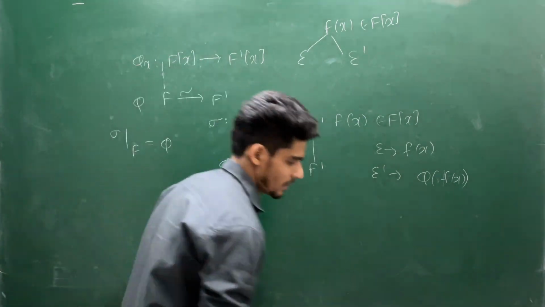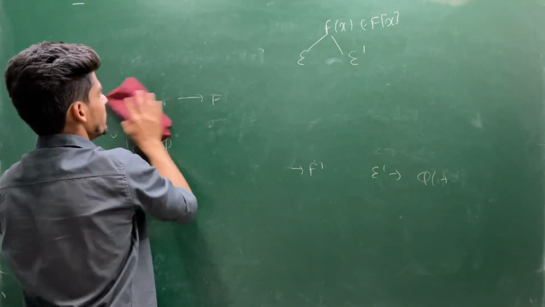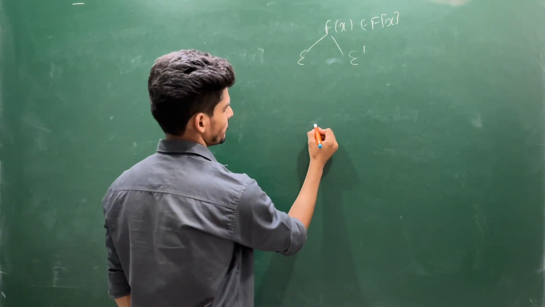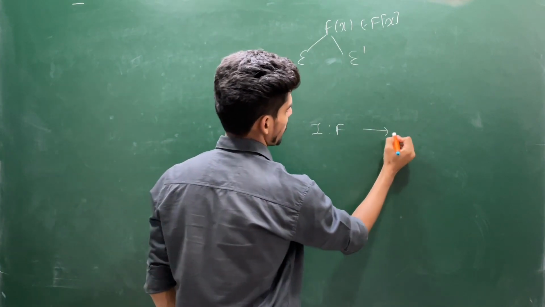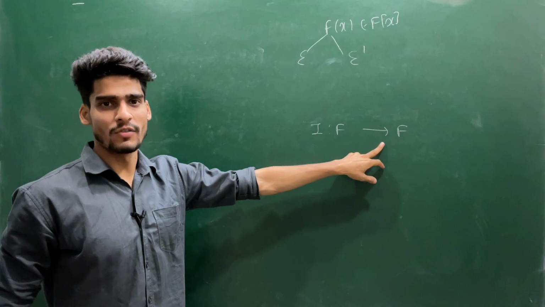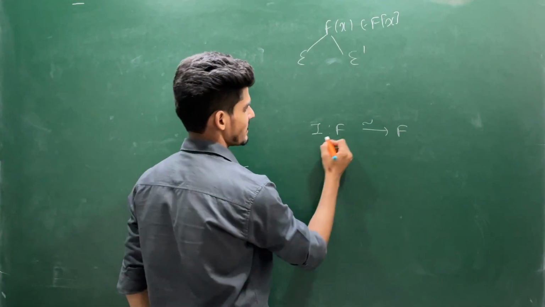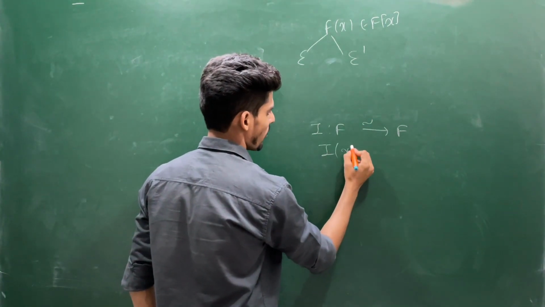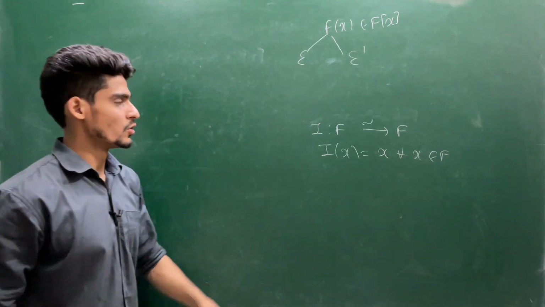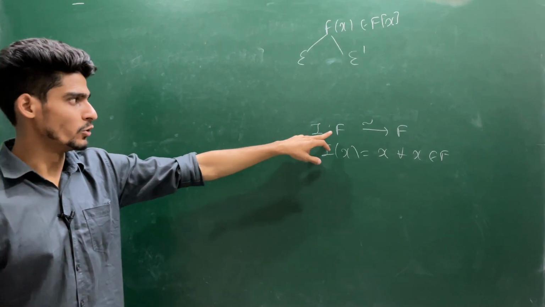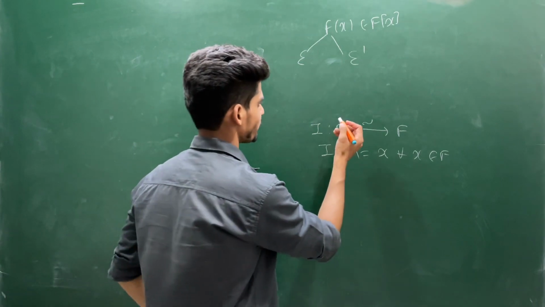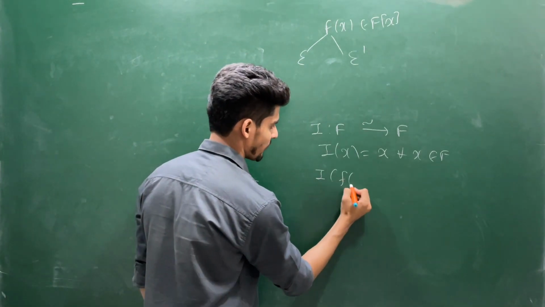So for this, let us think in this manner. Suppose I have a natural isomorphism from F to F. This I is the identity map: I operated at x gives you x for every x belonging to F. So once you have this map, now you take any polynomial, then corresponding to this polynomial, what will be your I of f(x)?